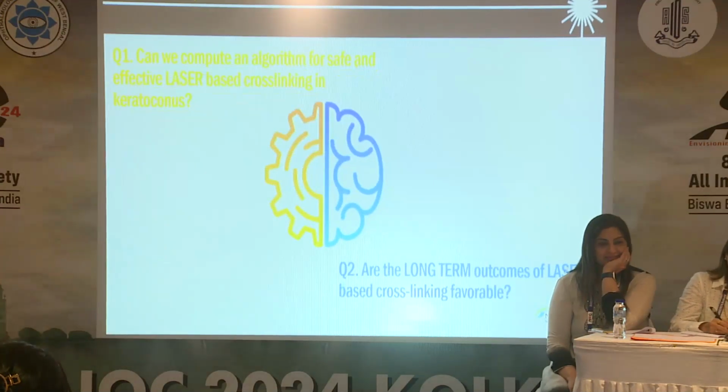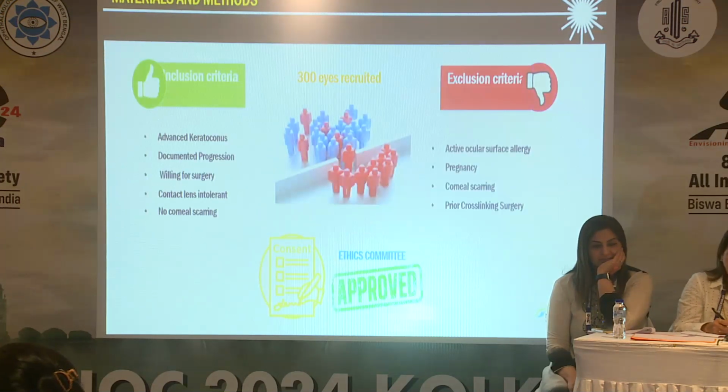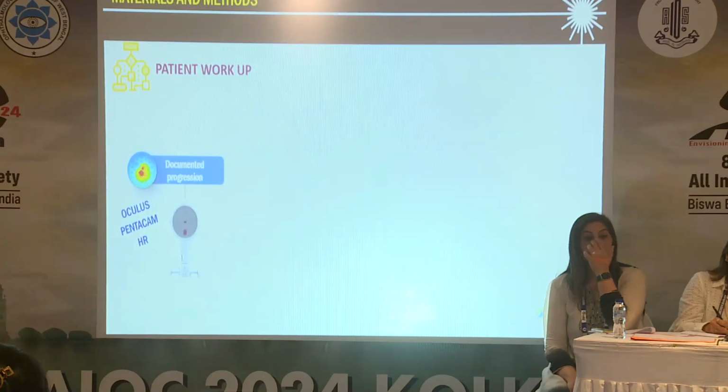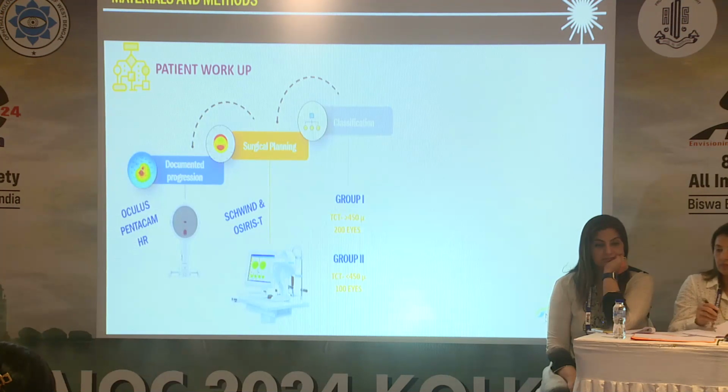So the question that we asked was, can we compute an algorithm for safe and effective laser-based cross-linking in keratoconus, and if these had good long-term outcomes? So we recruited 300 eyes with the inclusion and exclusion criteria and the ethics committee approval. The patients who presented with a documented progression on pentacam were also evaluated on the Schwind and Osiris-T, and we classified them into two groups based on the corneal thickness.